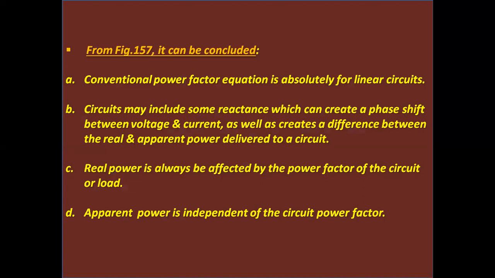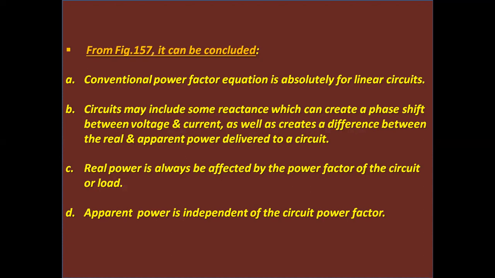From figure 157, it can be concluded: A, the conventional power factor equation is absolutely for linear circuits. B, circuits may include some reactance which can create a phase shift between voltage and current, as well as create a difference between the real and apparent power delivered to a circuit.